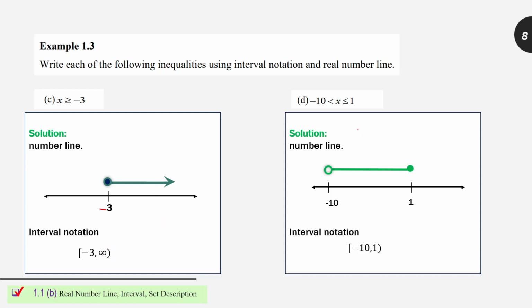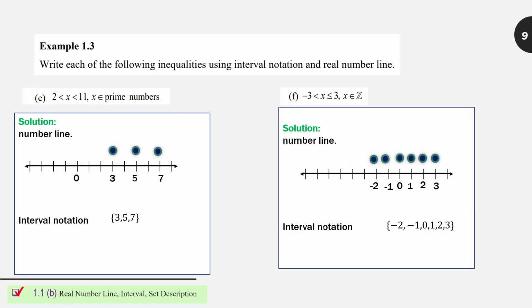For the next question, x is bounded by negative 10 and 1. This one is not inclusive, so it is a circle, and this one is solid. How do you write it? I think over here I made a mistake. This one is a round bracket, and the solid end takes a square bracket.